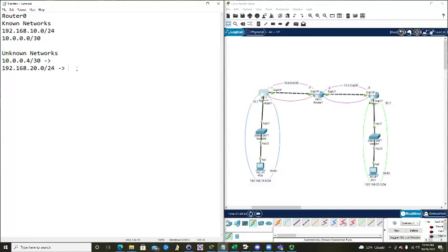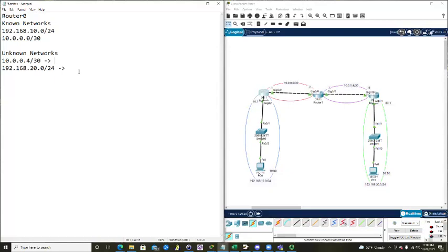So in this case, where am I sending the traffic to next in order to actually get there? What we're telling this router to do is where to send the traffic to next. So what this is called is the next hop IP address.